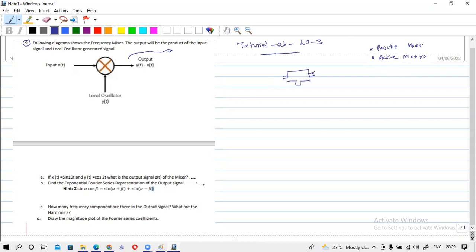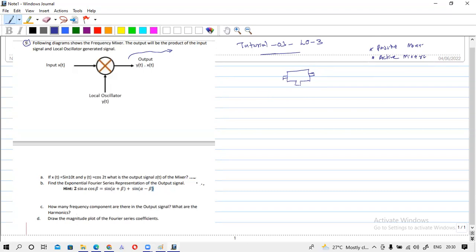We have many kinds of mixers. In our lab also we have some mixers, so once you visit the lab, you can see this component.